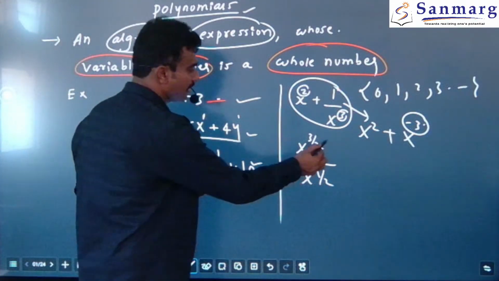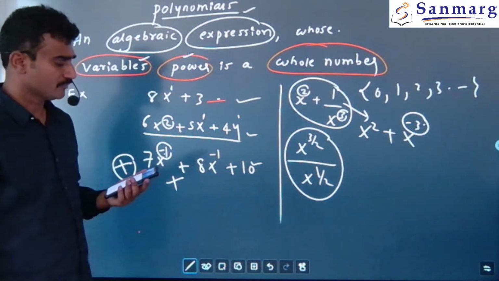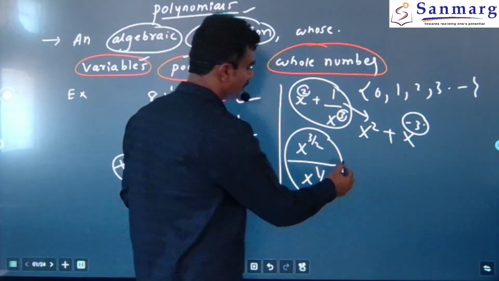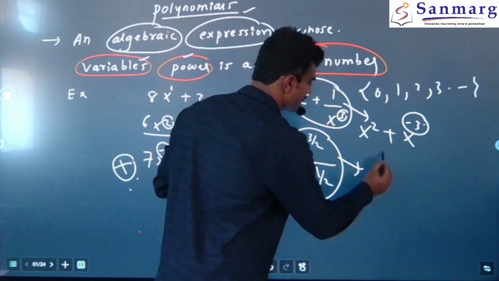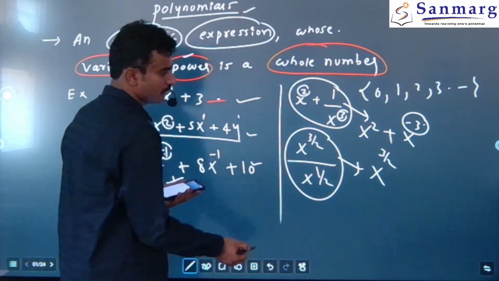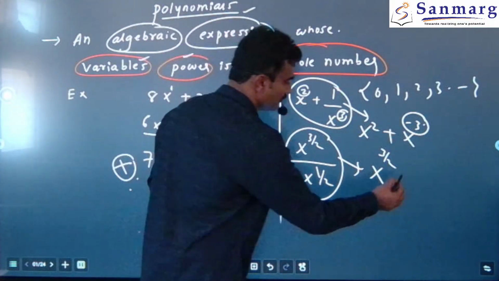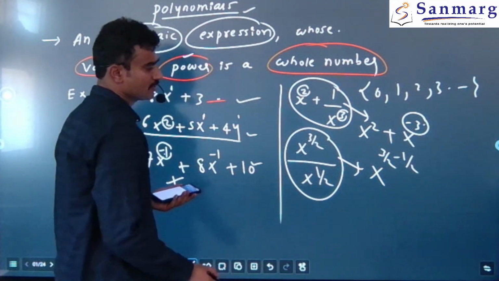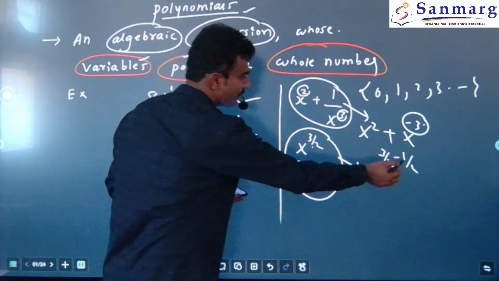If I go for the next example, x raised to 3 by 2 divided by x raised to 1 by 2. Let me simplify this using the law of exponents: a raised to m divided by a raised to n is a raised to m minus n.